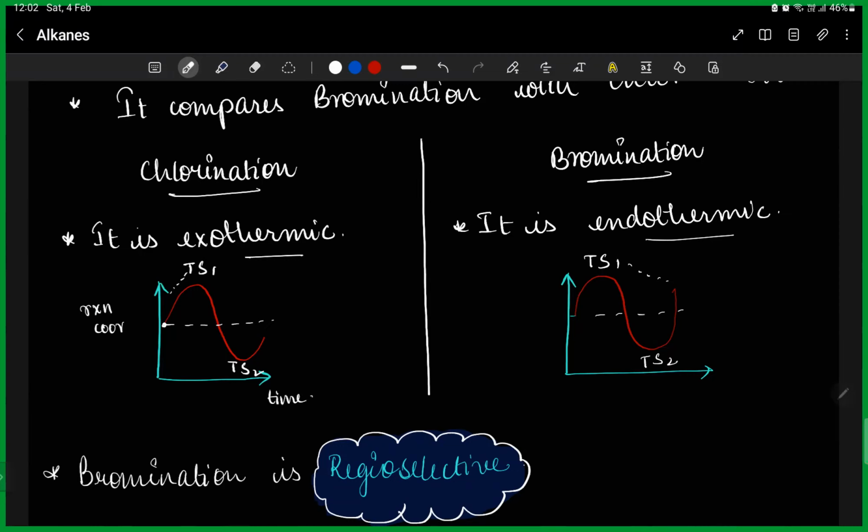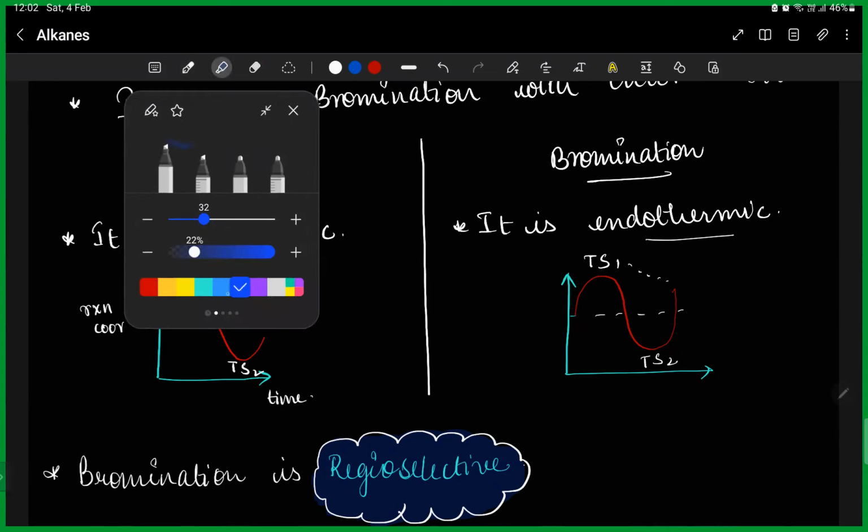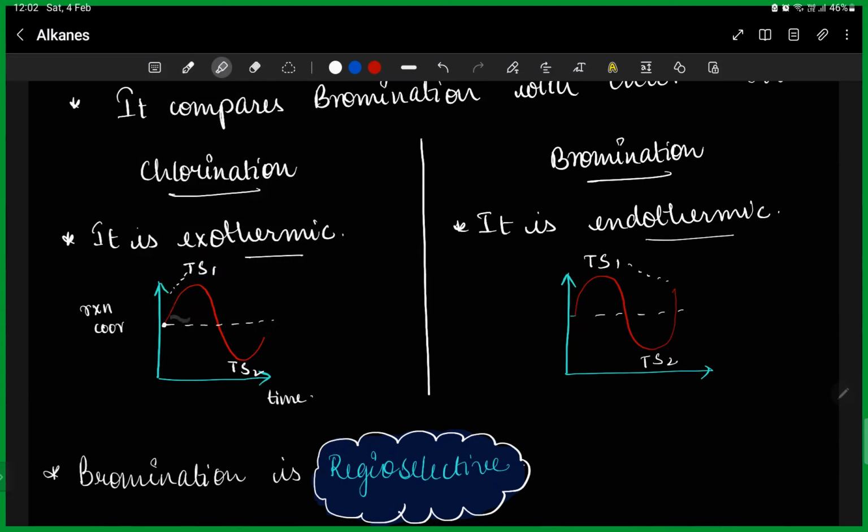So as the time goes further, how is the reaction proceeding? So we can clearly see here. So let me use some light. So as the reaction is proceeding, it has reached one transition state. So this is the concentration of reactants first. So it has reached one transition state. Okay. And then it has reached another transition state.